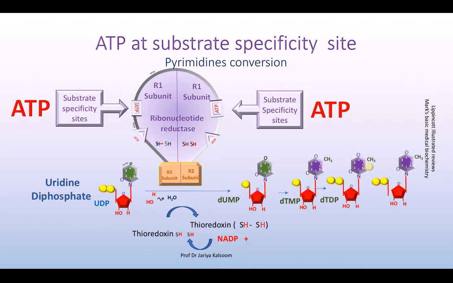And dTDP can acquire one more phosphate, and then it becomes dTTP. So dTTP is going to accumulate. This is the reason why among the substrates there was no thymidine nucleotide, because it is generated from UDP.